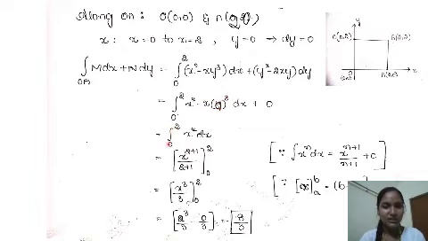Then we have the integral from 0 to 2 of x² dx. If we integrate x², we have the formula integral of xⁿ dx is equal to x^(n+1) by n+1. In place of n we have 2, so x^(2+1) by 2+1. So we get x³ by 3 from 0 to 2.